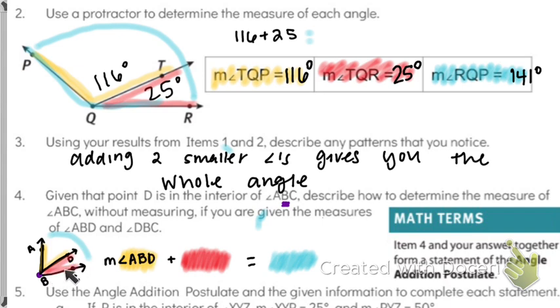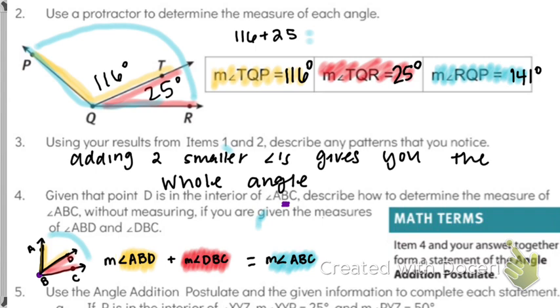We have this red angle right here, and this is angle D, B, C. So the measure of angle D, B, C is equal to the whole thing. The whole thing, you have measure of angle, and now we're going to look at the whole thing. The whole thing is angle A, B, C. That right there is our angle addition postulate.